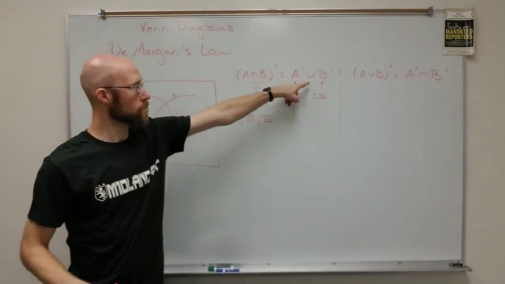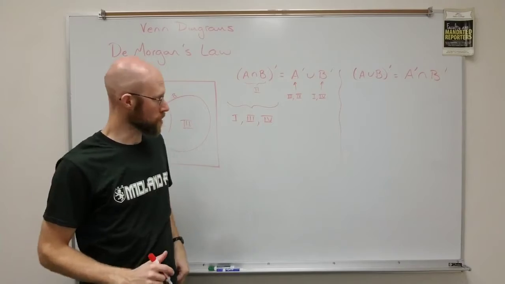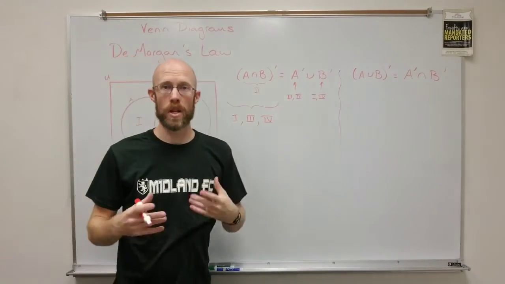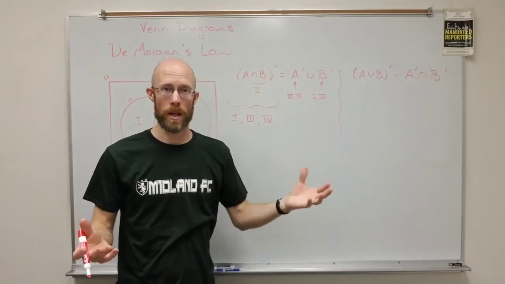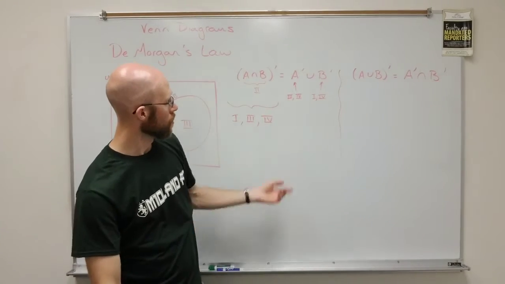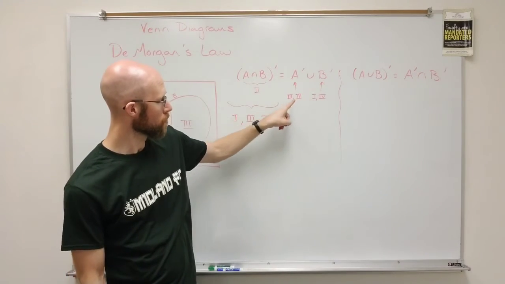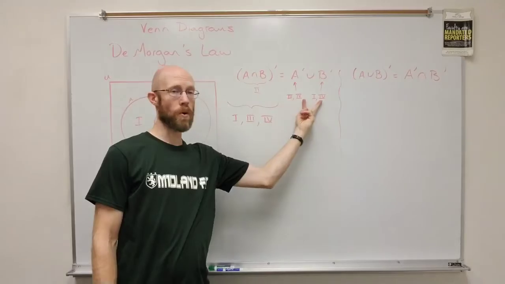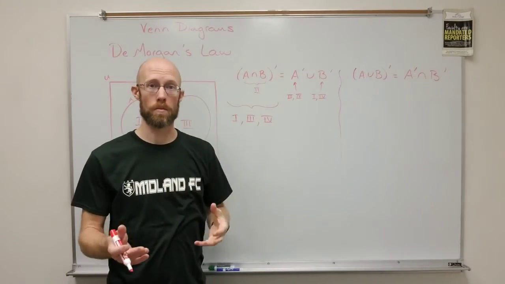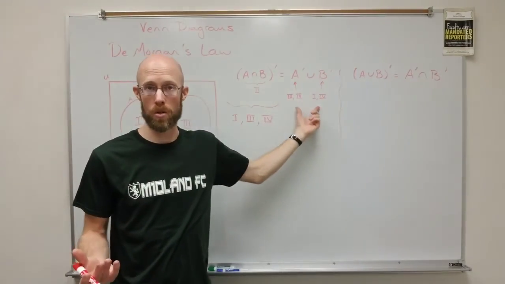Now we look at their union. So the union of these two sets is any region that is contained in one or the other or both. Well, region 1, region 3, and region 4 are contained in one or the other or both. The only region missing is region 2.